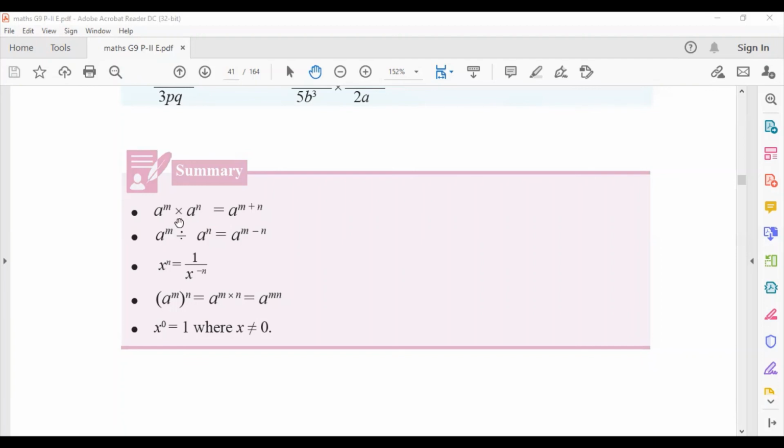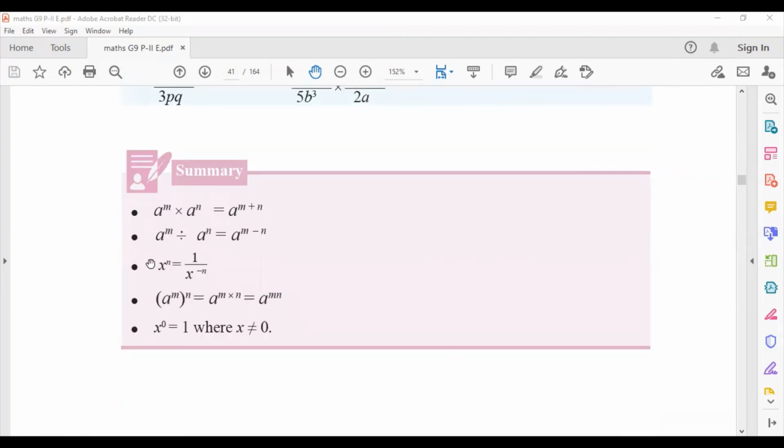If bases are the same only, you can apply these two laws. When dividing same bases, indices should be subtracted. m subtract n. This value should be subtracted from this initial value, right?